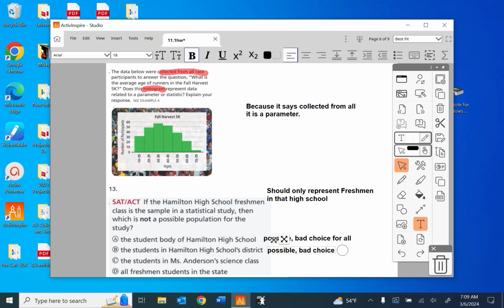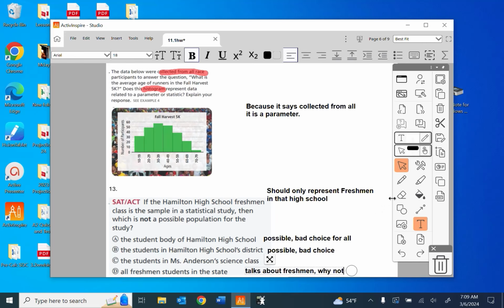The students in Miss Anderson's science class and all freshman students in the state. Oh, these are all horrible. These are all horrible. Talks about freshmen. Why not?